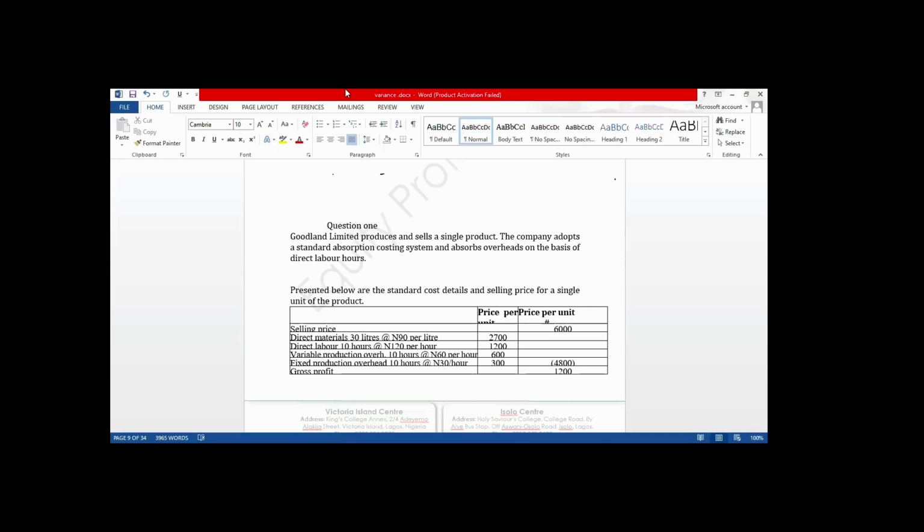Examiner says overhead, we absorb overhead on the basis of direct labor hours. Fixed production overhead, you have the hours. The 30 naira is the fixed overhead absorption rate per hour. The 300 naira is the fixed overhead cost per unit.